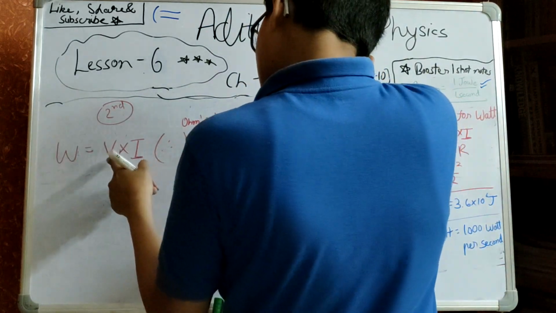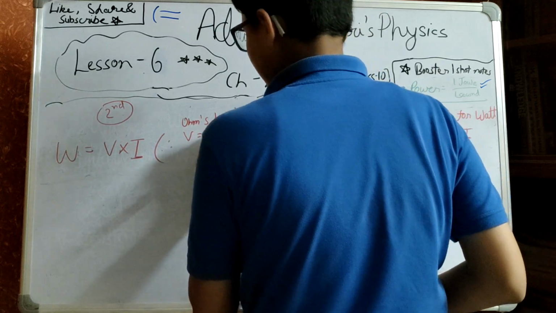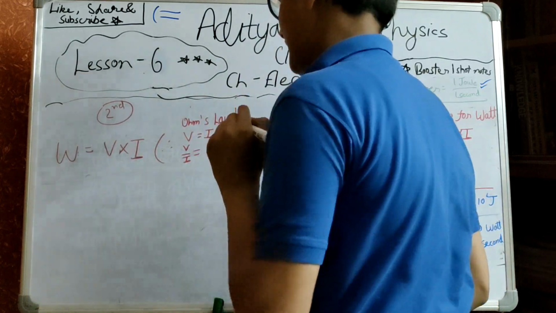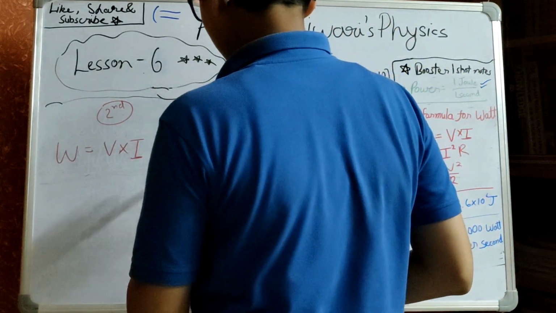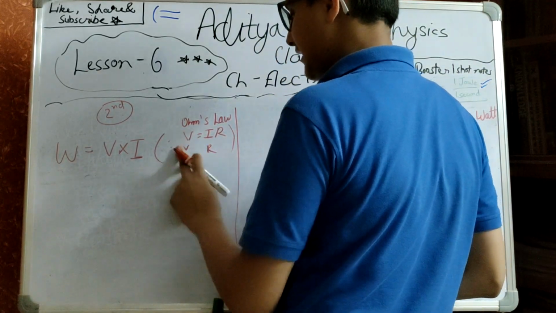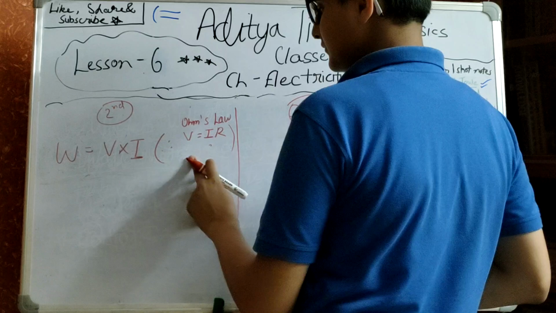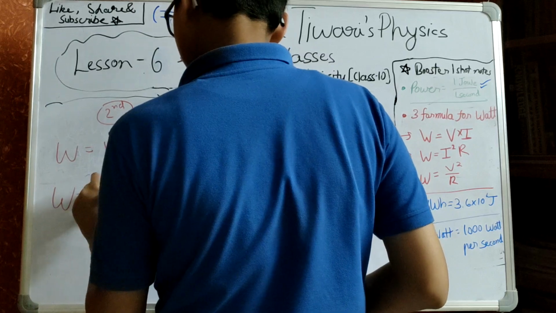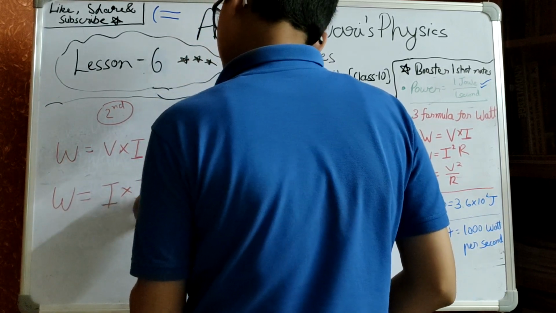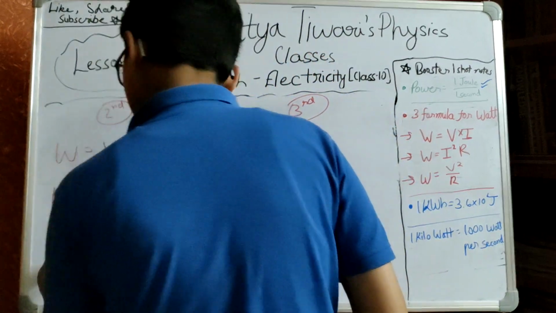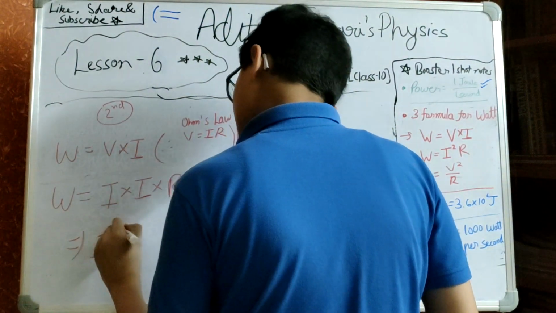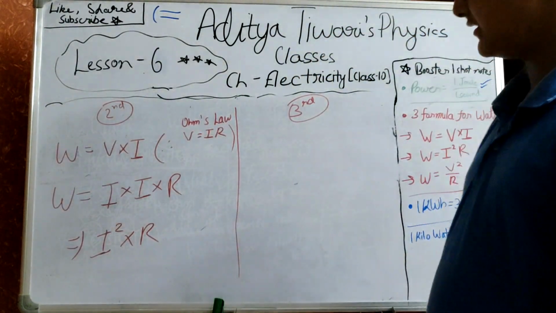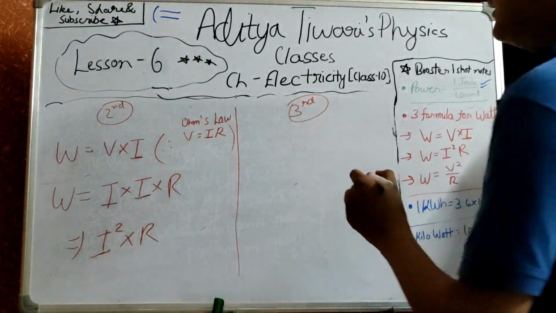So here we can replace either V or R, like V by I equals R. Let's take V equals IR. So watt equals I times R times I, which makes it equal to I square times R. So watt is equal to I square times R along with V times I.